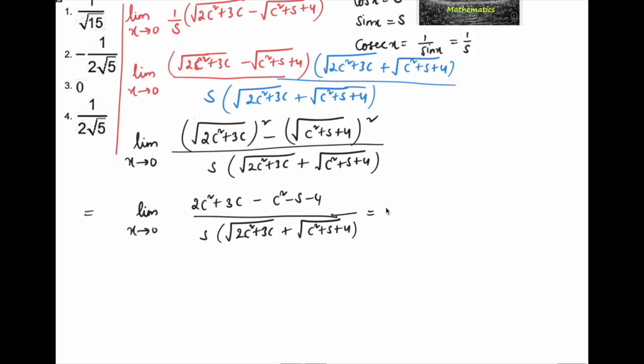We can write this as limit x tends to 0, 2 cos square x minus cos square x, that is cos square x, plus 3 cos x minus sin x minus 4 divided by sin x of under root of 2 cos square x plus 3 cos x plus root of cos square x plus sin x plus 4.